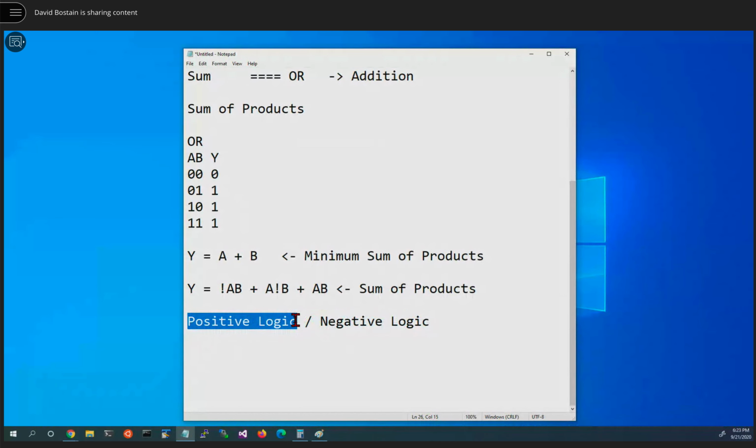But in general, we want to work in positive logic, and negative logic is saved for special purposes. If we mix them, we will become confused. So we want to remember that we're working in positive logic. In positive logic, 1 means true, and in negative logic, 0 means true. And that can confuse people really quickly. So I will warn you if I start to dip into it. The first time will be when we talk about something called DeMorgan's theorem. We may do that tonight for a bit, but you want to steer away from it.